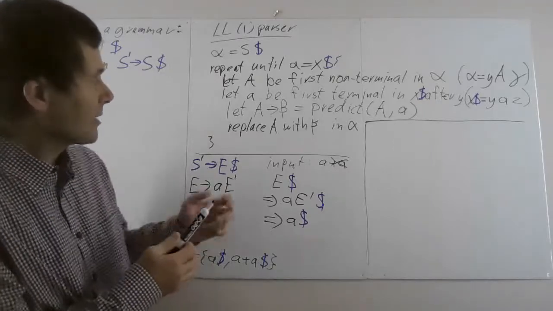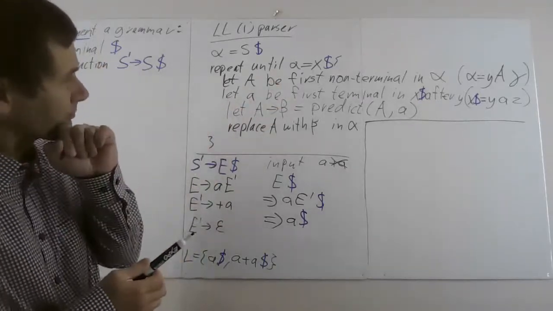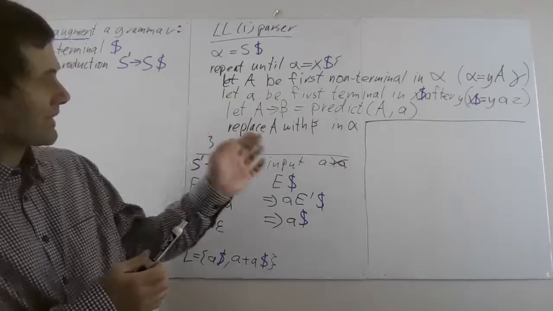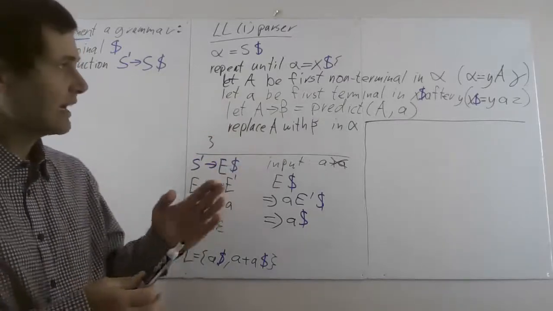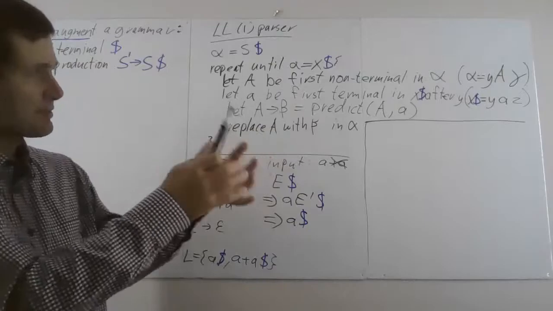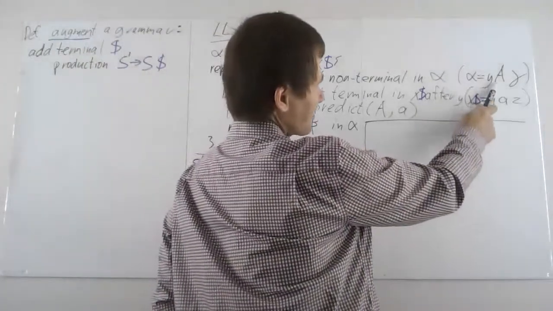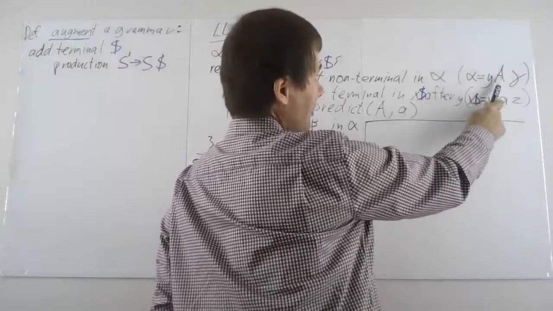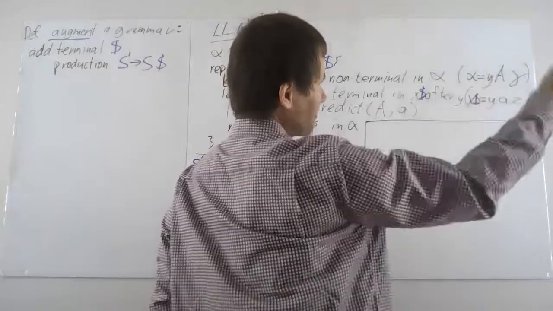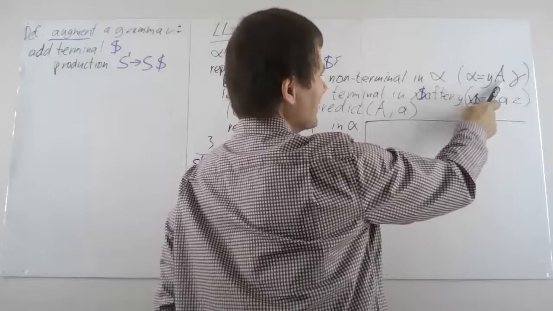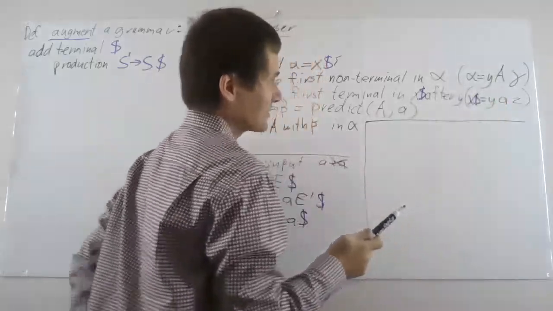Because we are making changes to alpha in a particular spot, where the first non-terminal is, and maybe after that non-terminal goes away, we advance to the next non-terminal.